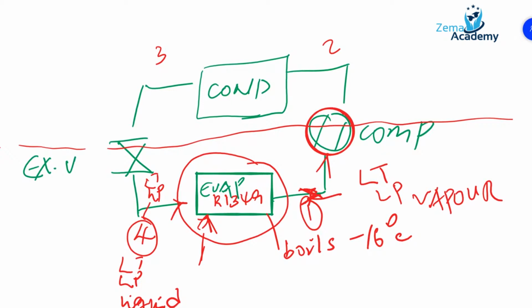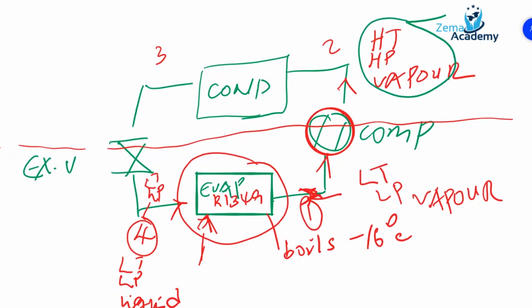The benefit of a vapor or a gas is that by compressing it, reducing its volume, we are able to change its properties. So we compress that low temperature and low pressure vapor, and therefore when it comes out here, it comes out as high temperature and high pressure vapor. And that is what we use for our application.